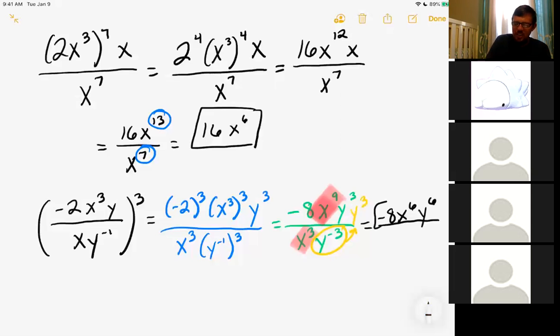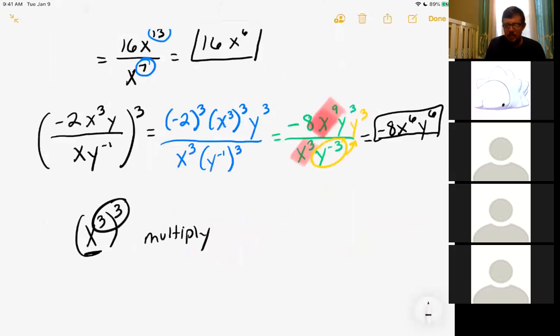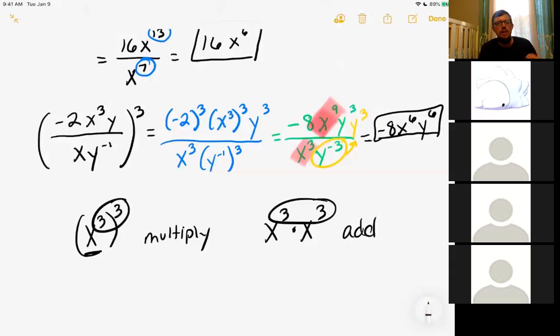So here's how you keep it straight. When you have one base with 2 exponents, you multiply. If you have 2 different bases, that means add. So if you have something with a double exponent, you multiply them. If there's no double exponent, you just add them together.